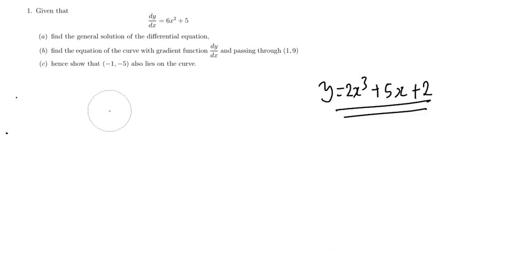Okay, so if this point lies on the curve, it means that when we input these values into the equation, it is going to be satisfied. Let me demonstrate what I mean. So we have an equation, y is equal to 2x power 3 plus 5x plus 2. So where there is x, we'll put -1, and where there is y, we'll put -5.